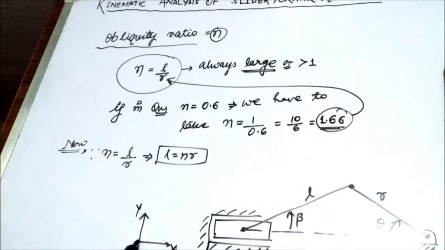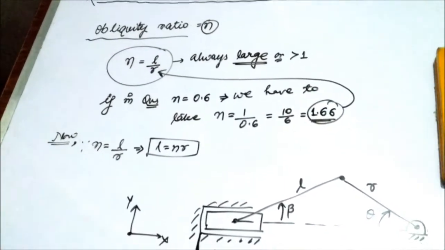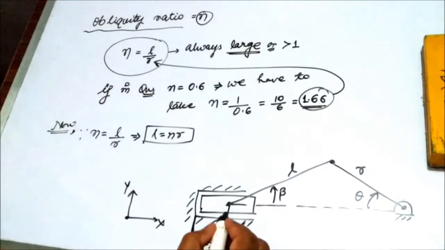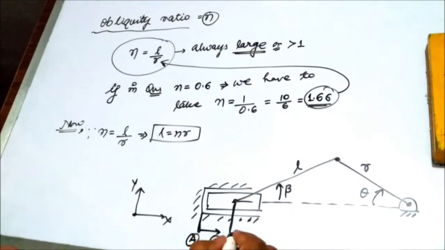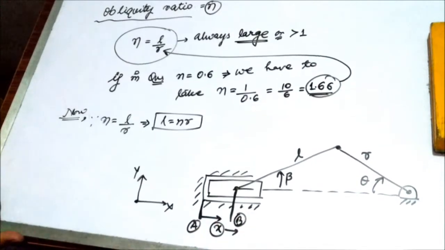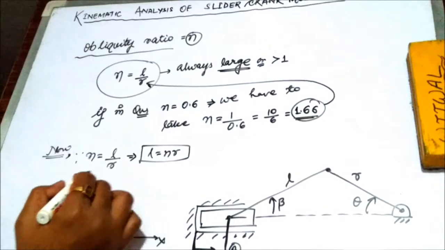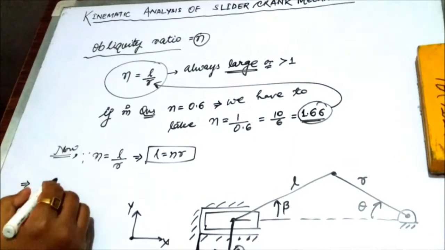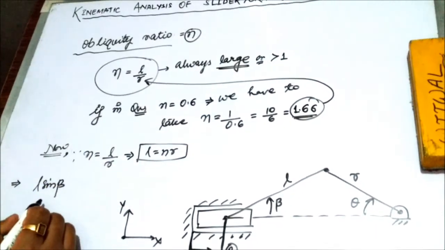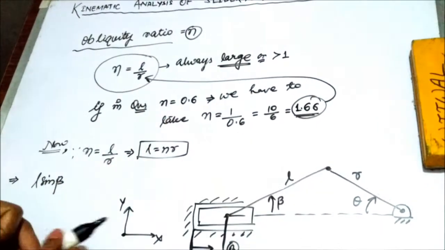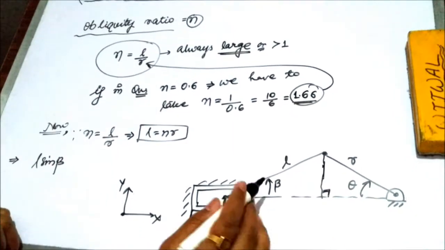Let us say the topmost point of the cylinder head we denote as A, and the gudgeon pin point, let us call it B. Now we define an axis, this is the y axis, this is the x axis, and we take the displacement of the piston as the distance x measured along the x axis from A.